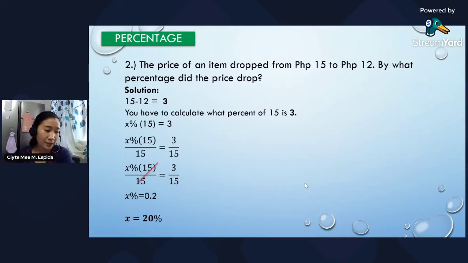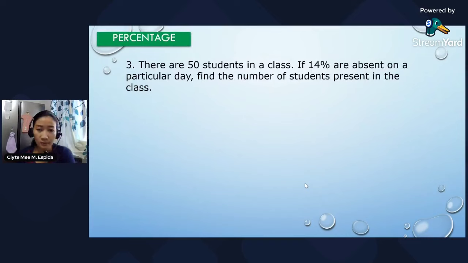Let's have example number 3. There are 50 students in a class. If 14% are absent on a particular day, okay, take note of the question again. Find the number of students present in the class. So yung tinatanong po is yung present.